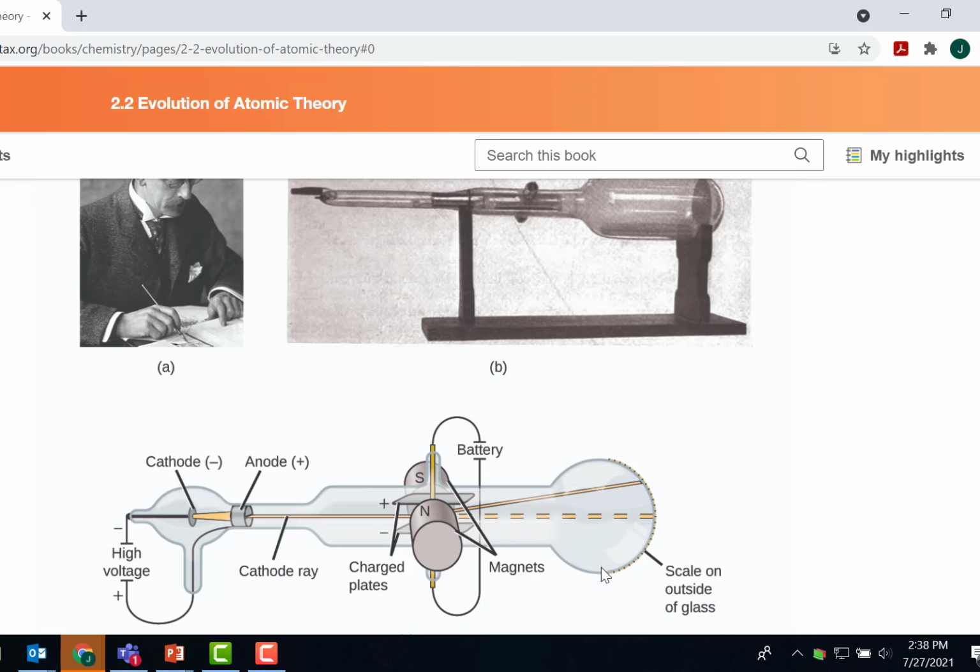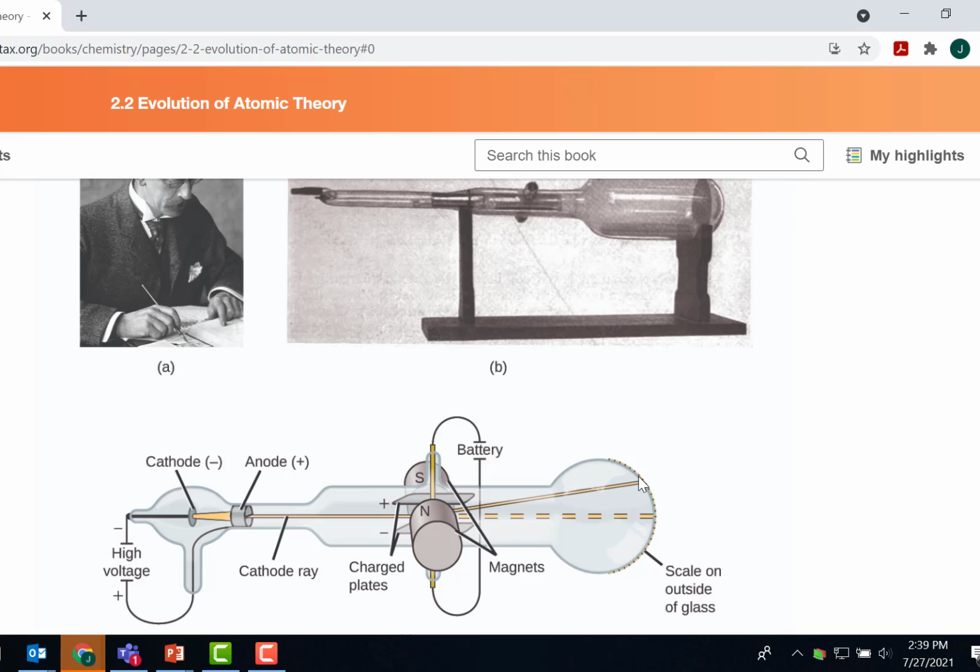One of the experiments they did is they put a magnet around this tube, and what they saw is that the particles bend when they do that, or I should say whatever this was, this ray of things started to bend. I'm backtracking to say ray because maybe it's a form of light they're seeing, but if it bends, it turns out in physics that you basically have to have a mass in order for something to bend like that.